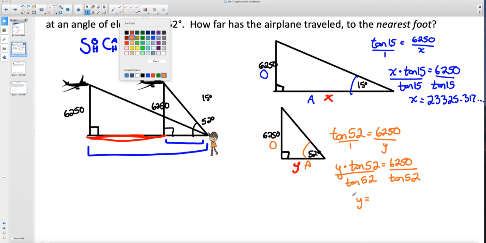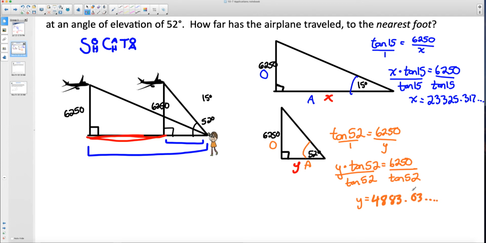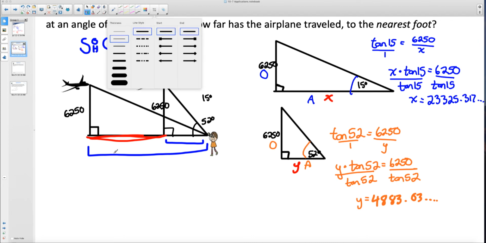Okay. So this one was 4883.03 dot dot dot. And then we said we're going to have to subtract the two numbers. So I'll write that over here.